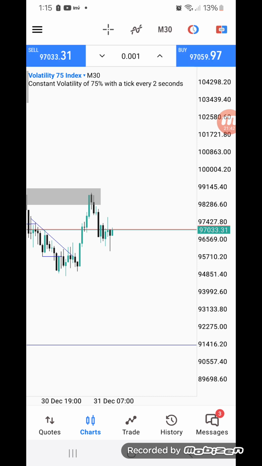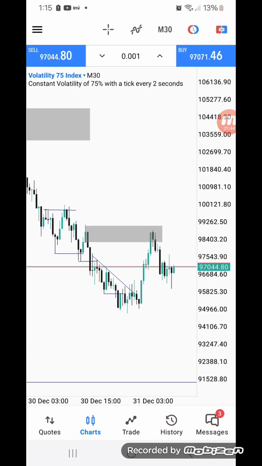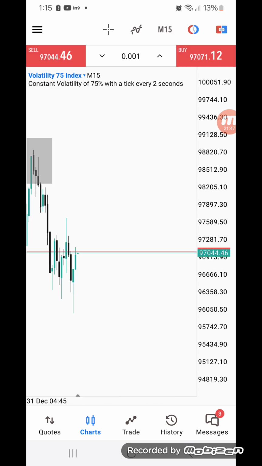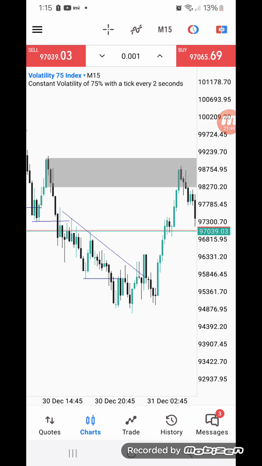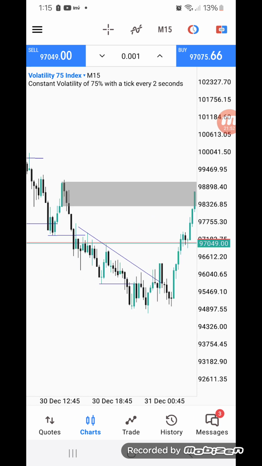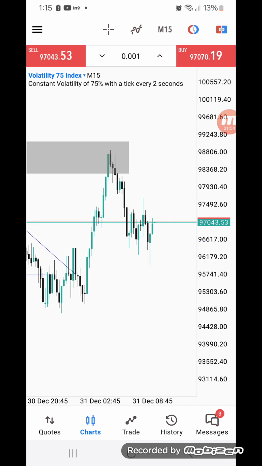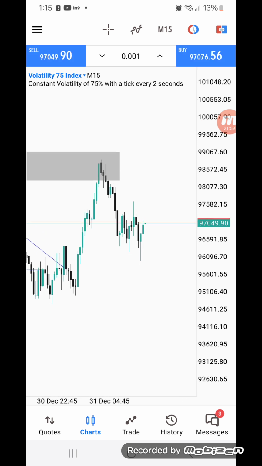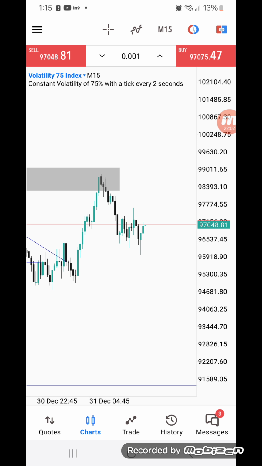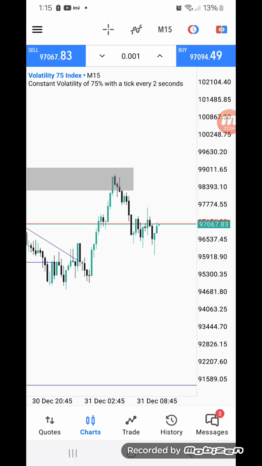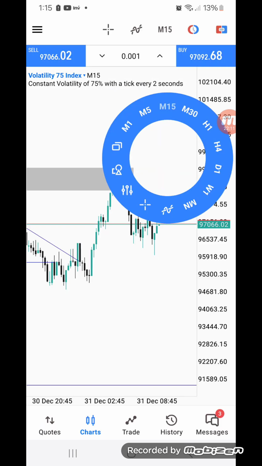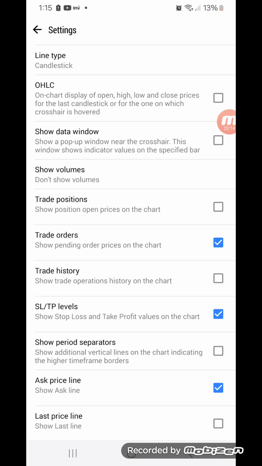So my entry was at the 15-minute order block. That's where my entry was, and you can still see we are moving quite well, and we are hoping that the market will still continue respecting our setup, and we are going to make some good cash. So let me now return my positions so that you see the progress of my trades.